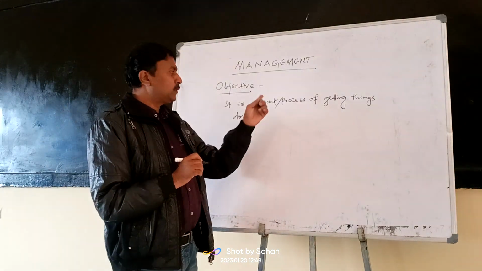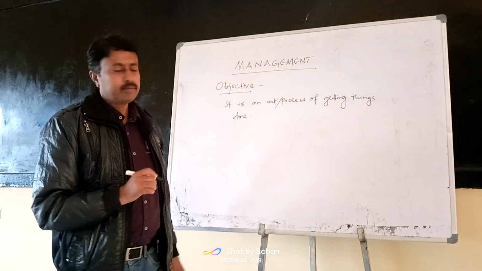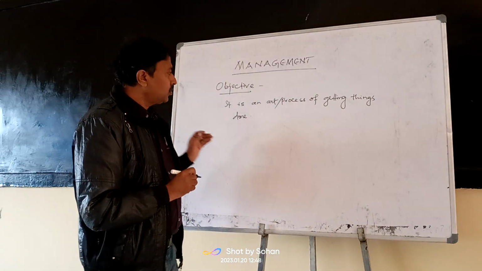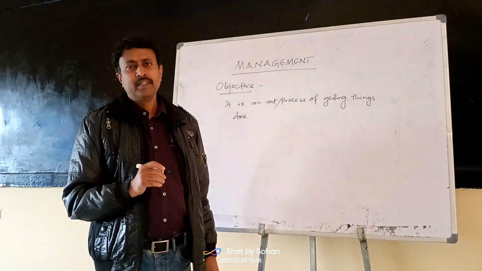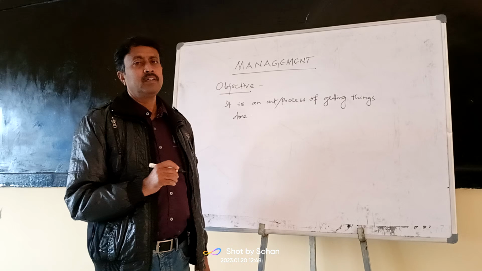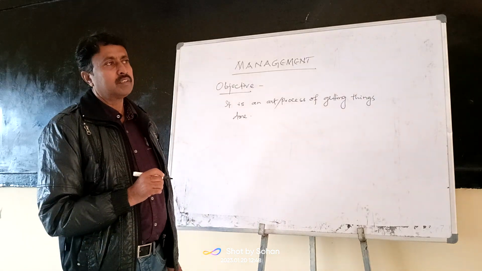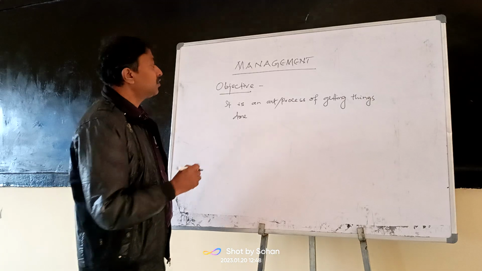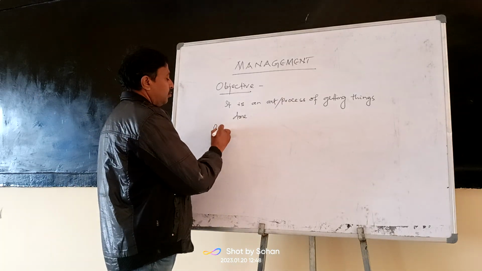The main goal is to achieve the objective. Okay. So how to go through this process? A manager must undergo certain steps, or we can say this as the process of management.